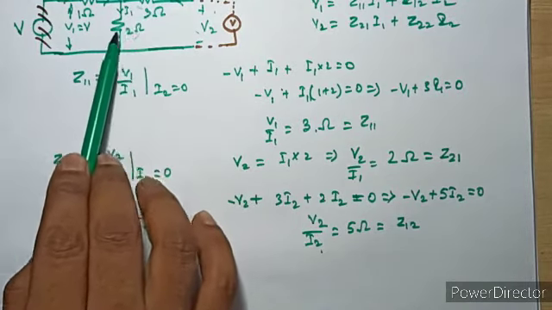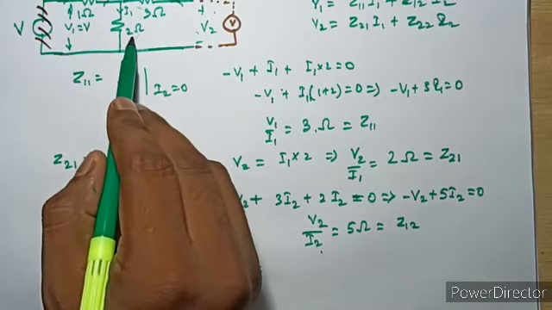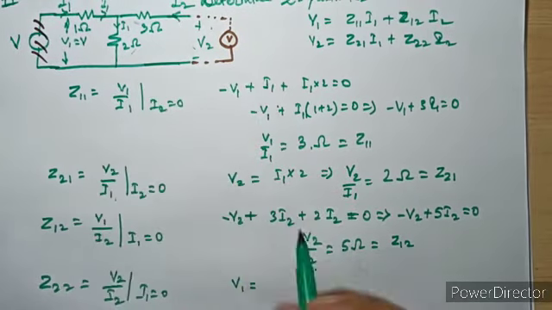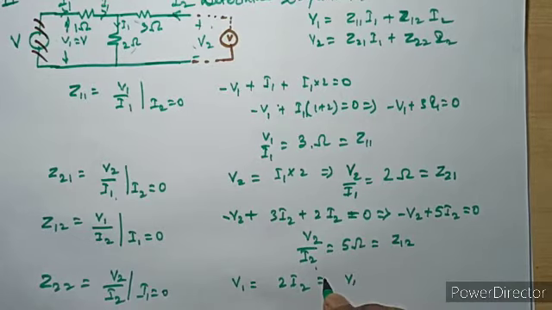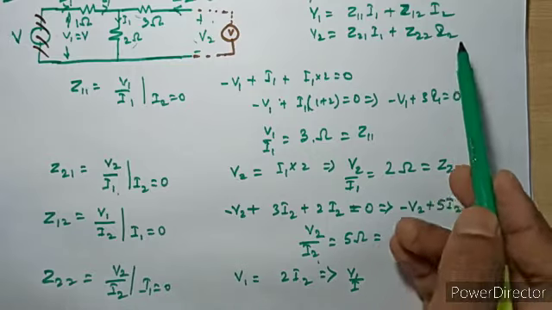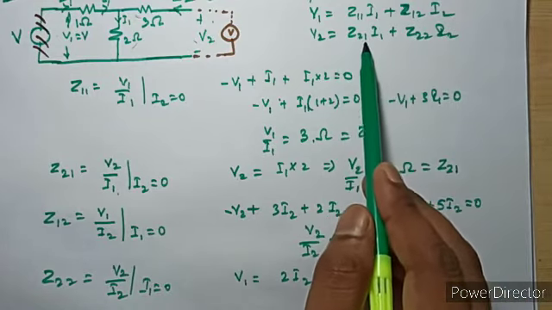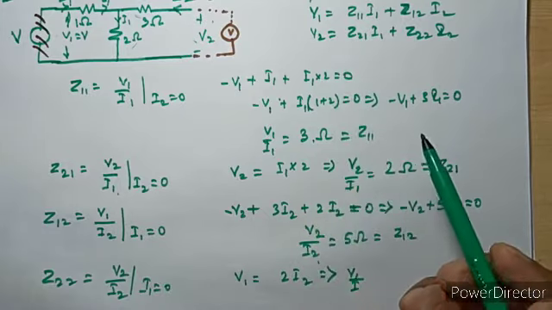Whatever voltage drop across this resistor, and this voltage drop, this is V1, is nothing but the 2 ohm resistor multiplied by I2 current, 2I2. So Z22 will be what? V2 by I2 when I1 is 0.